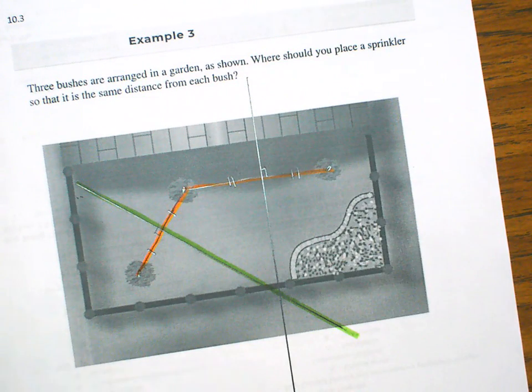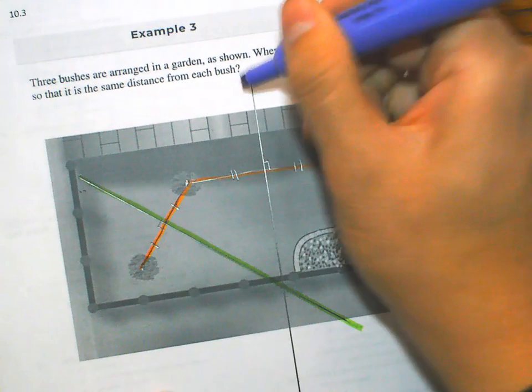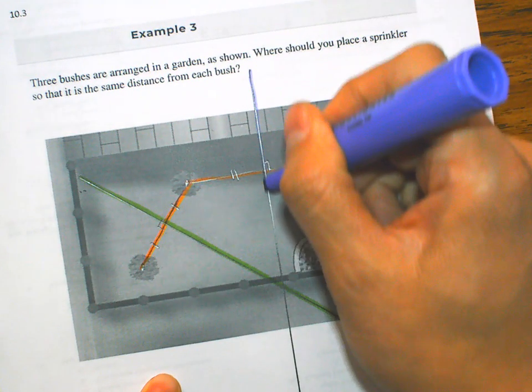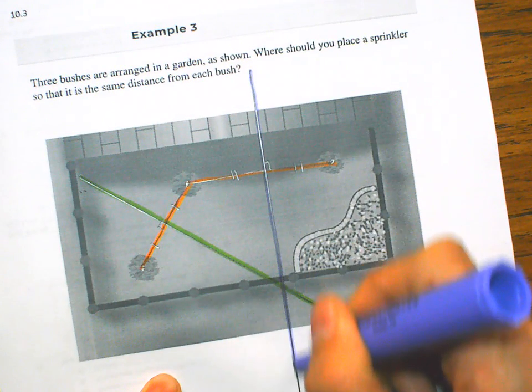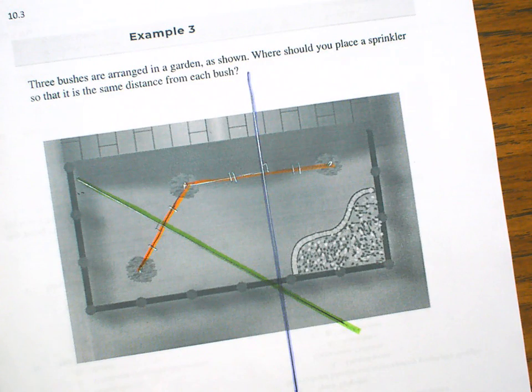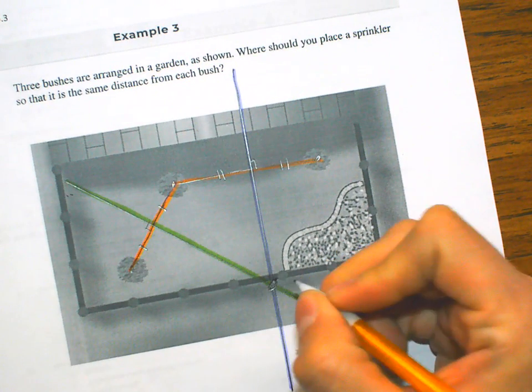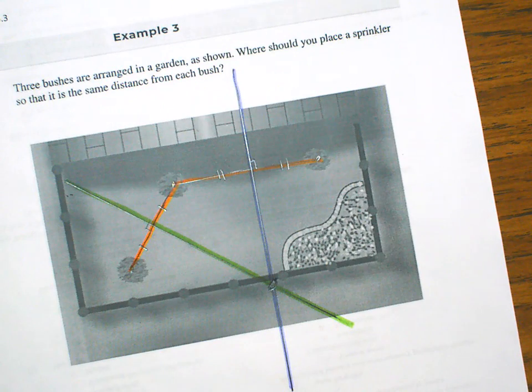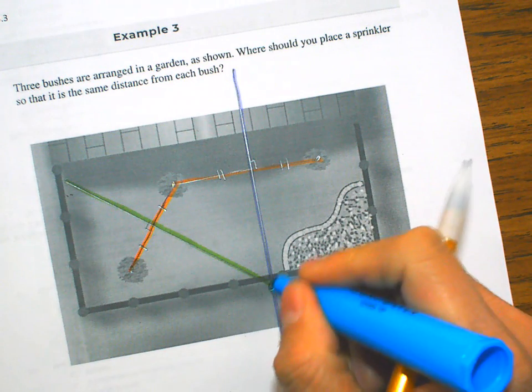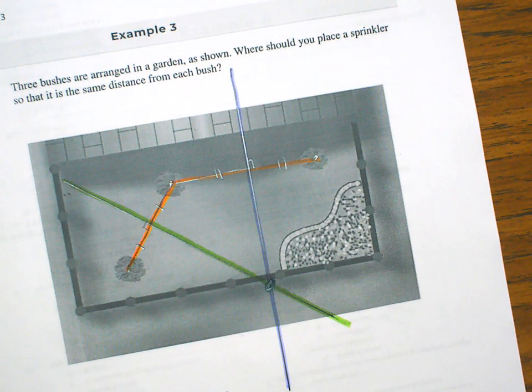And let me pick a different highlighter. What's going to end up happening is that I'm going to get a point of intersection. That point of intersection is going to be right there. That point of intersection is what we consider the center of the circle.